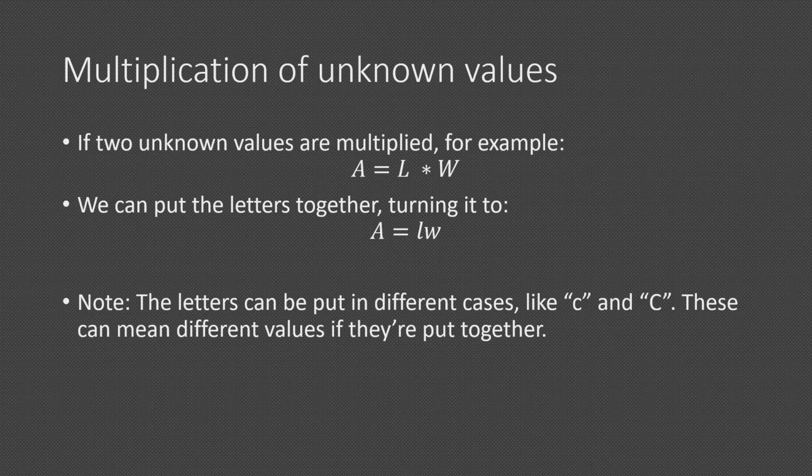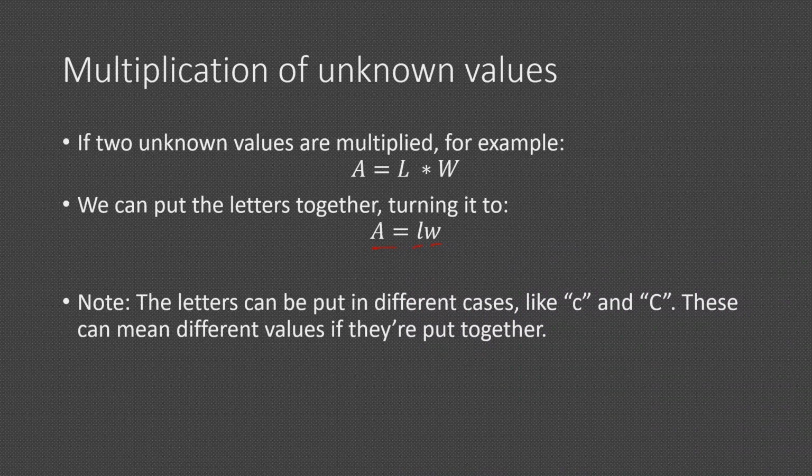Now, we want to move on to multiplication of unknown values. If two unknown values are multiplied, for example, using A equals L times W, or area equals length times width, you can put the letters together and turn it into A equals LW, as I've said before.